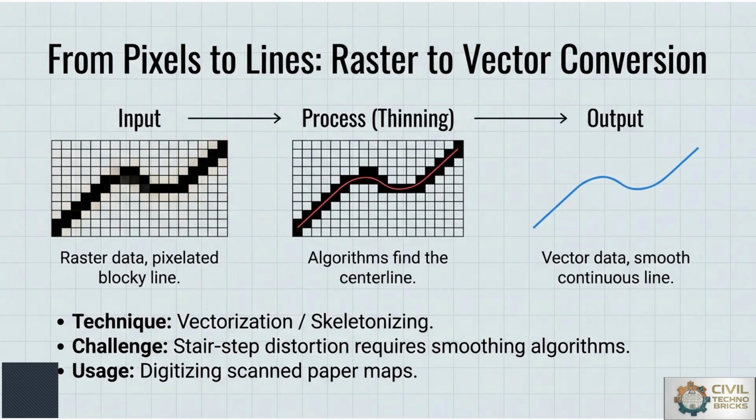From raster to vector or vector to raster, data conversion is one of the most important phenomena. Raster to vector conversion is in three phases: input, process, and output. Raster to vector conversion transforms pixels into geometric features.